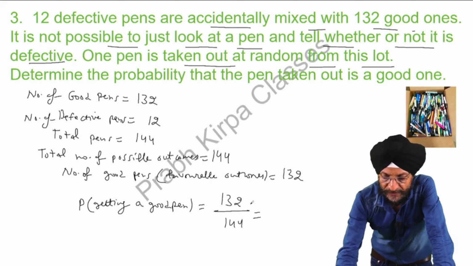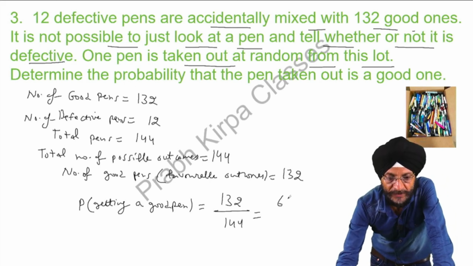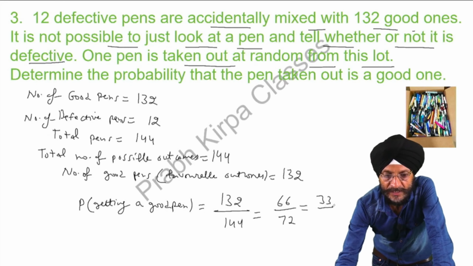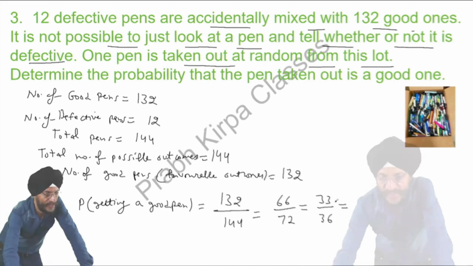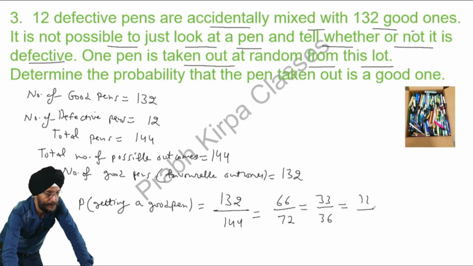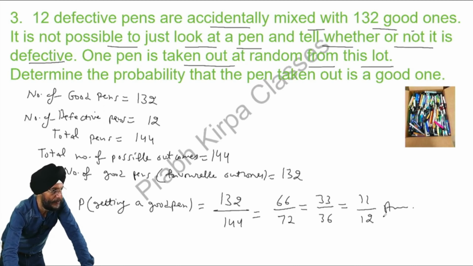Here we will divide it by 2. It will come 66 over 72. We will again divide it by 2. It will come 33 divided by 36. We will again divide it by 3. It will be 11 divided by 12. This is the answer before you.